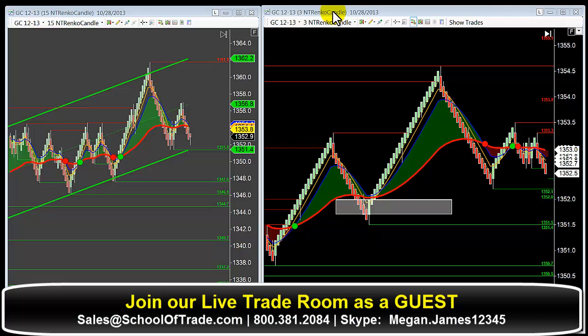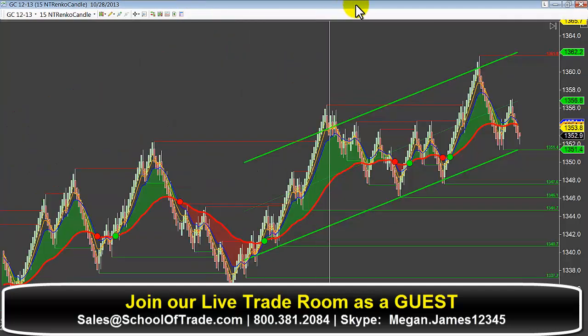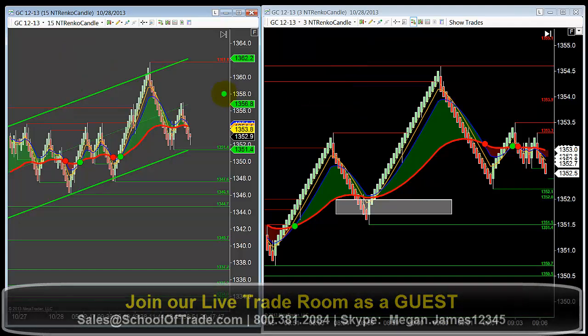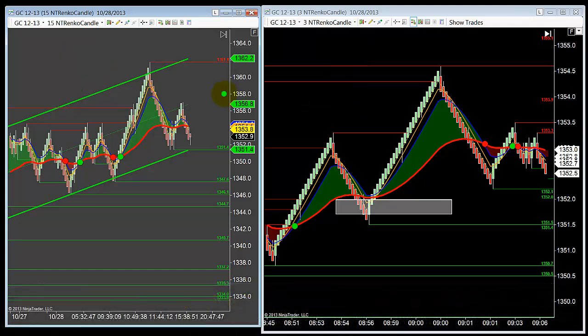To define a directional bias, we're first going to begin with an anchor chart. On the screen, you'll see I've got 2 different charts. One on the left-hand side is the anchor, and one on the right-hand side. What's the difference? How do we use them? You'll notice they're both the same Renko bars. The anchor chart is just meant to tell me direction.